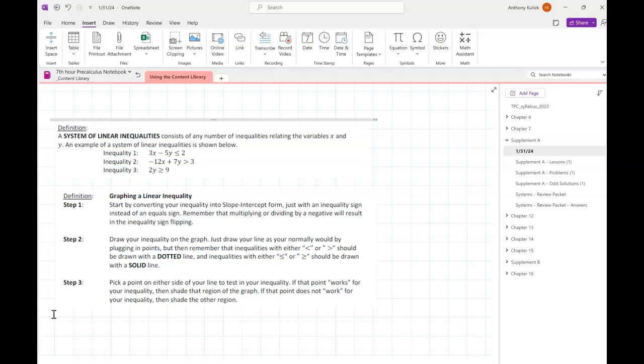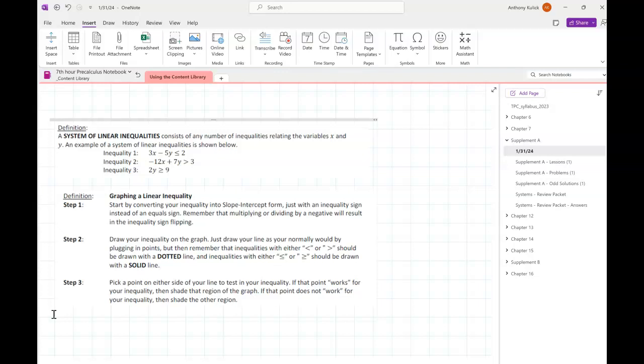Then we're going to pretend our inequality is a line, plot the line. So when we draw the line, we're going to use a solid line for or equal to inequalities and a dashed line for strictly greater than or less thans. And then we're going to shade above that line if it's greater than or equal to, and below the line if it's less than or equal to.